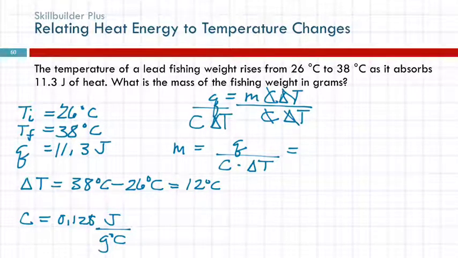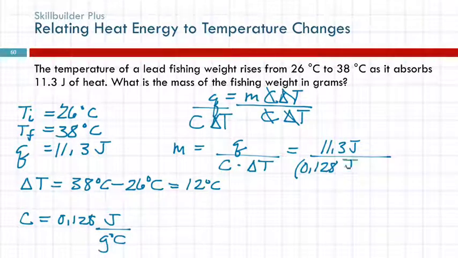So now I can put these in here. So Q, 11.3 joules. Down here I've got 0.128 joules per gram degrees Celsius, and I've got 12 degrees Celsius. The joules cancel, degrees Celsius cancel. I end up with a unit that's 1 over 1 over gram, which is gram.